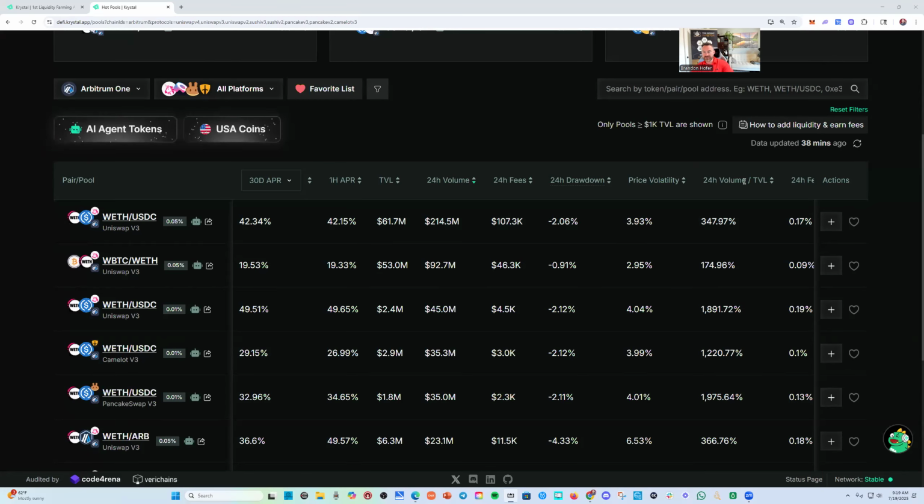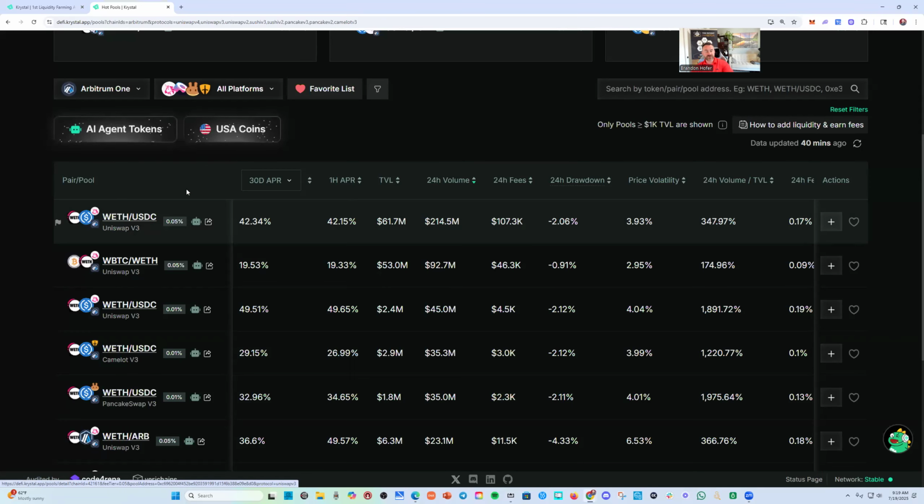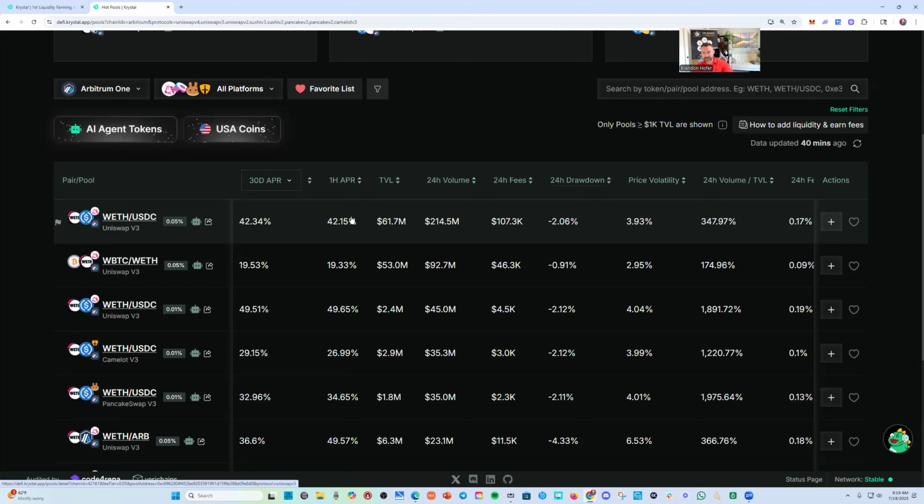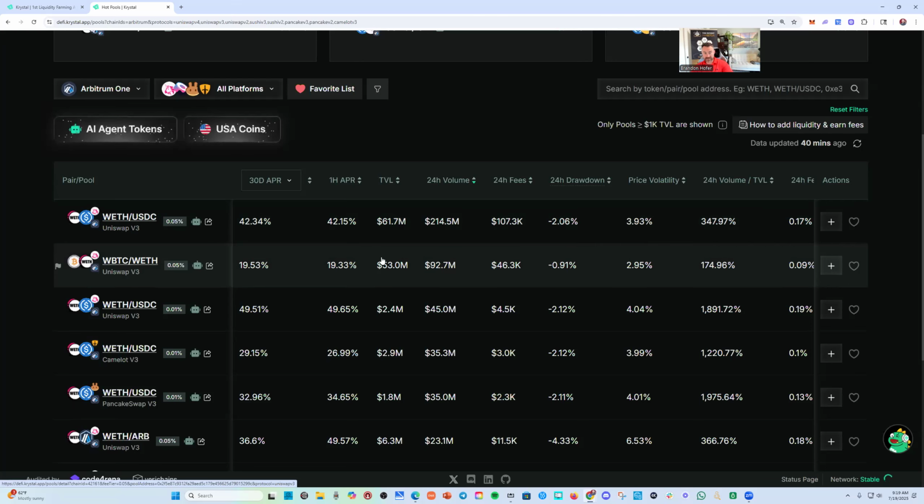You can see here it even gives you the ratio, 24-hour volume divided by TVL. It's over 347%. That's definitely better than the 1-to-1 or better that we talked about. But because the fee tier here is so low, because it's a popular pair, that's why this doesn't translate to over 50%. Like I said, it's never a guarantee. It's just a general rubric.